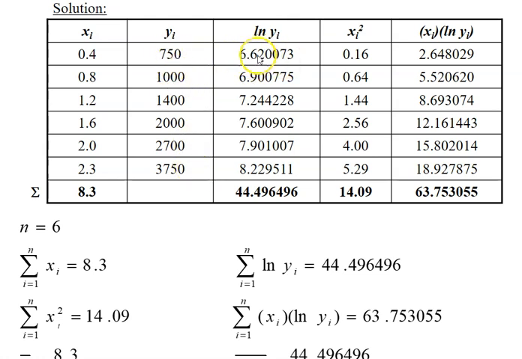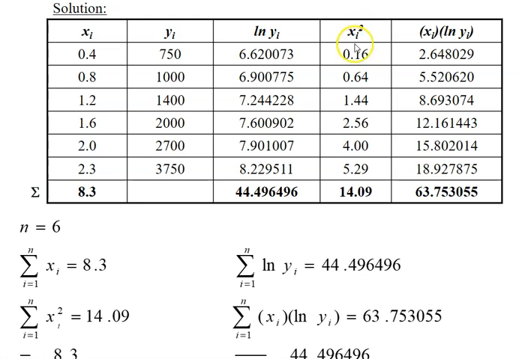This is ln 750, this is ln 1000, and 7.244228 is ln 1400, and so on. You also need to calculate the summation for each of your columns. The x-axis stays the same and the y-axis is transformed into ln y, and you also need x squared in order to calculate your slope.